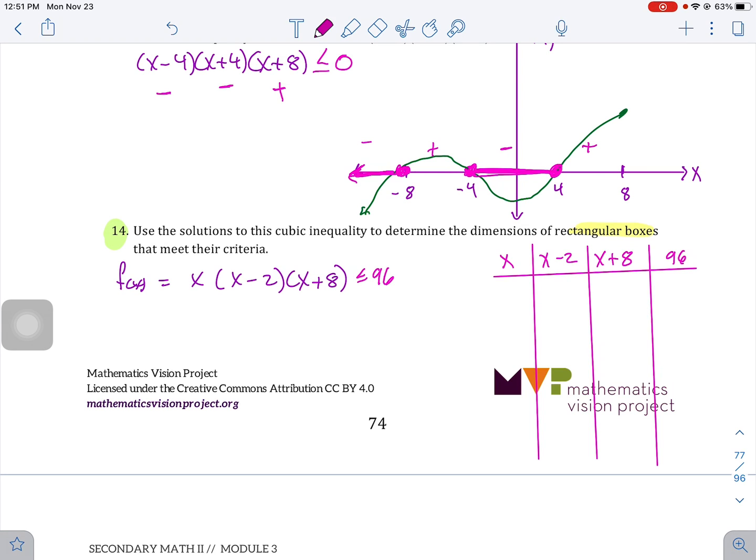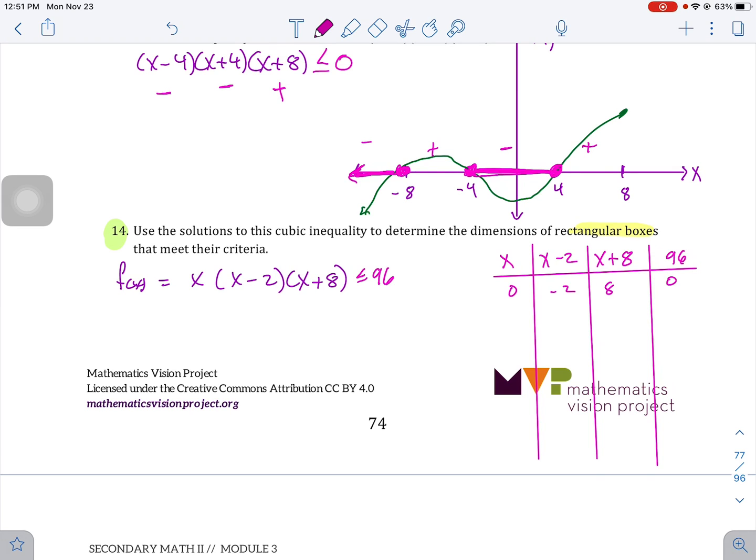So the next one is use solutions to determine the actual dimensions. So we know we could pick from negative here, but that's not going to be the dimension, right? It's not going to work. You can't have a negative dimension. Same thing here. You can't use -4. So the first one we could really try would be 0. Look what happens at 0. 0, -2, 8.